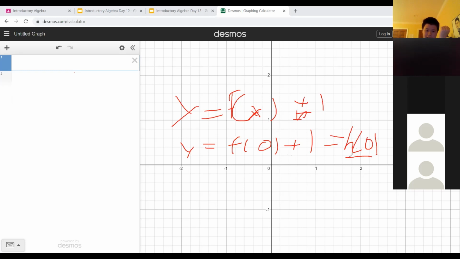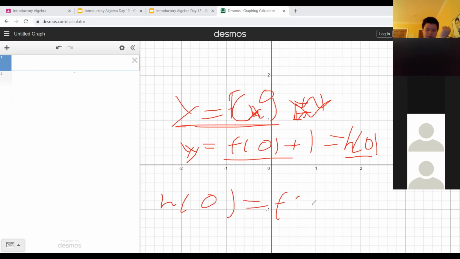How does h change to f? Well, the y here, let's pretend this is the original, and input 0, h(0) equals f(0) plus 1. And so everything h(0) has is 1 y unit above f. Similarly, if this was minus, it would be 1 below.